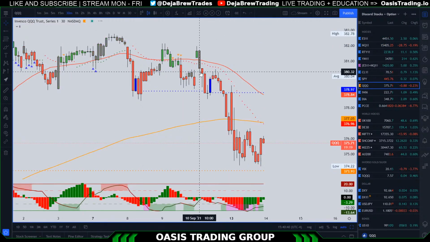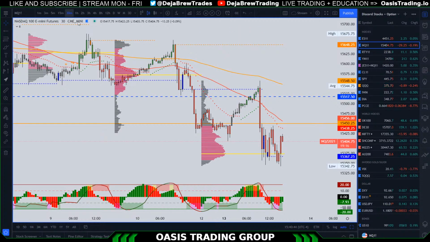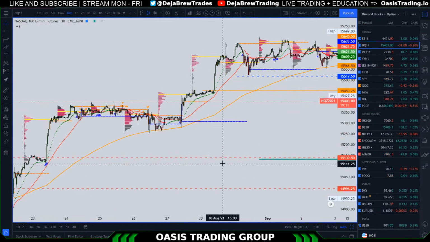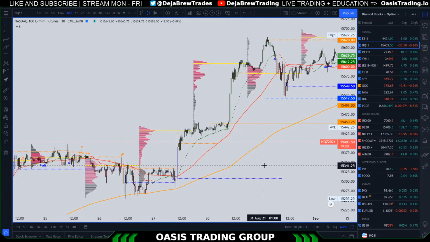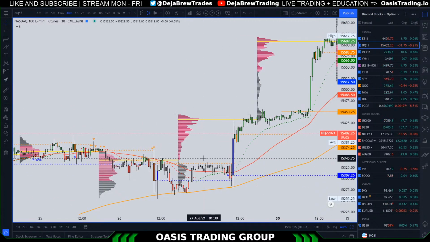I think we're retesting, where's NASDAQ here? So we're retesting this volume profile right here on August 27th that has not been tested yet.